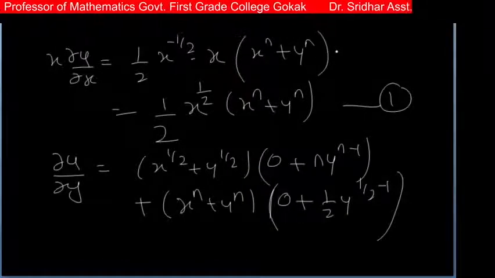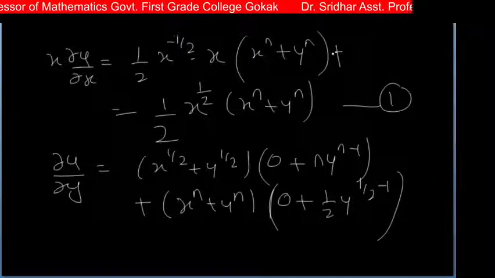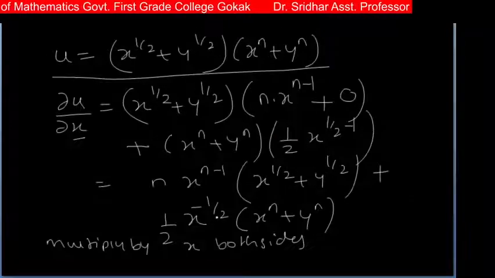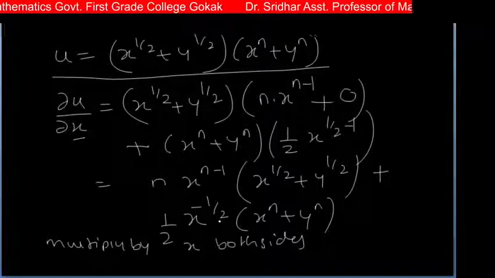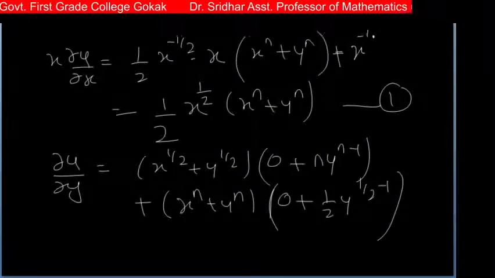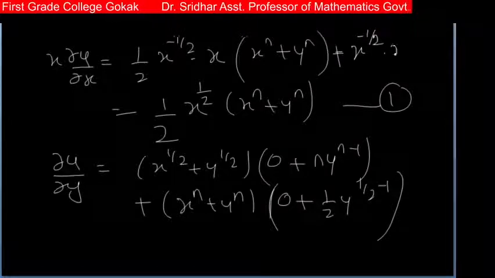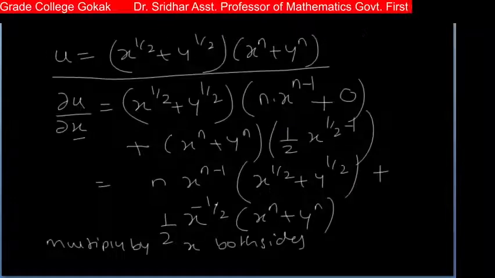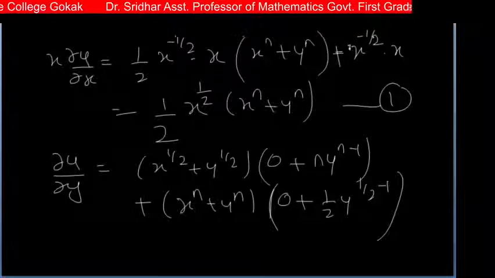So one more term I'll write here, plus here I multiply this with x, which gives x raised to minus 1 by 2 into x, correct, into 1 by 2.